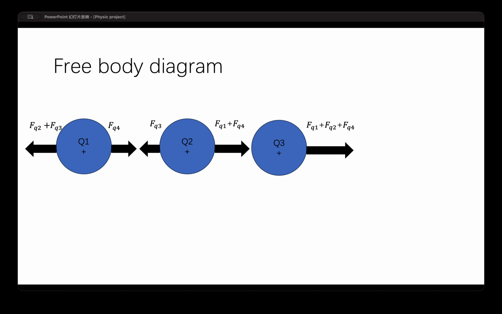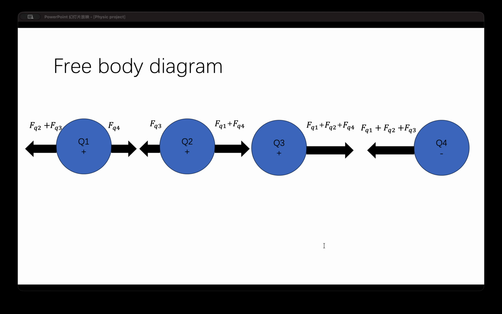Now let's draw the free body diagram. Because the charges are placed on a straight line, from left to right, Q1, Q2, Q3, and Q4. We can only consider one direction, like the X direction.